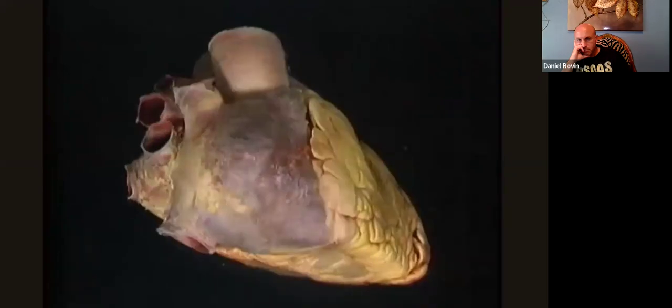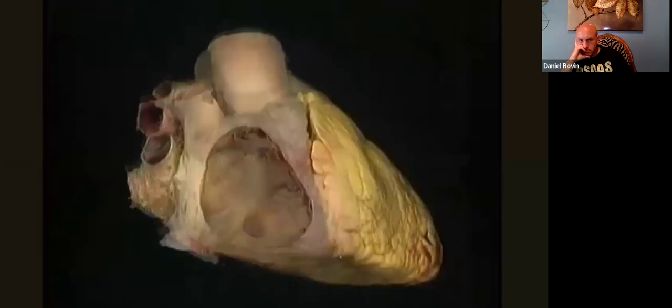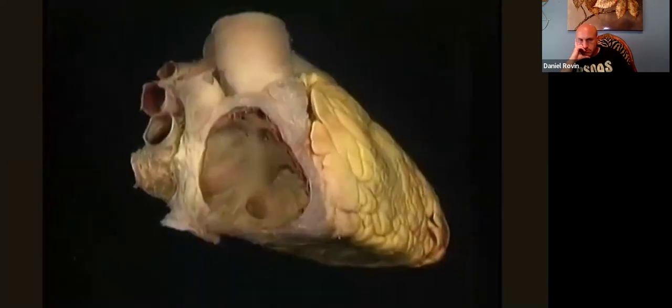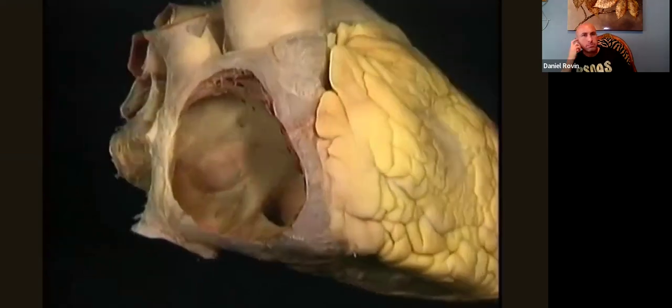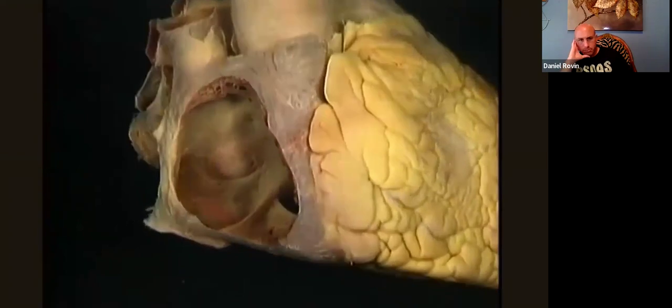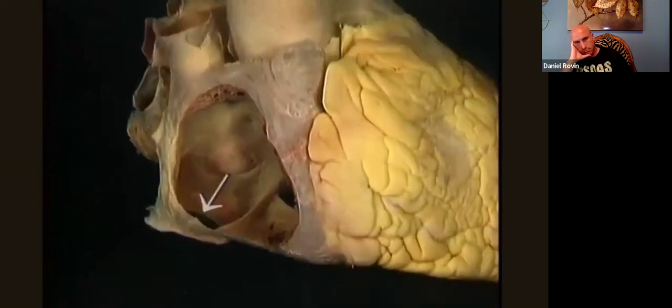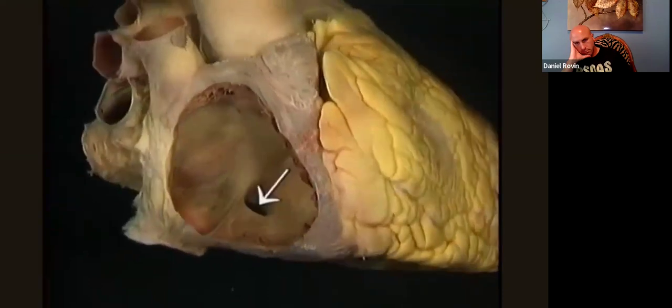To look at the inside of the right atrium, we'll remove this part of its wall. Here's the opening of the superior vena cava above and of the inferior vena cava below. Here's the opening of the coronary sinus.